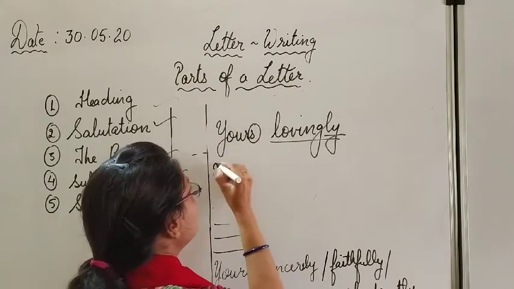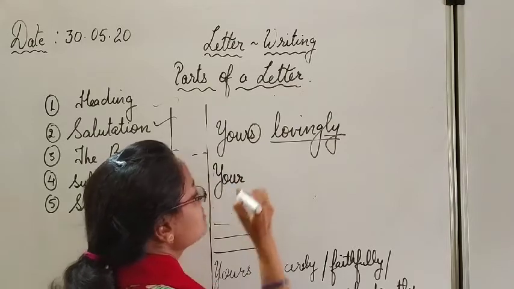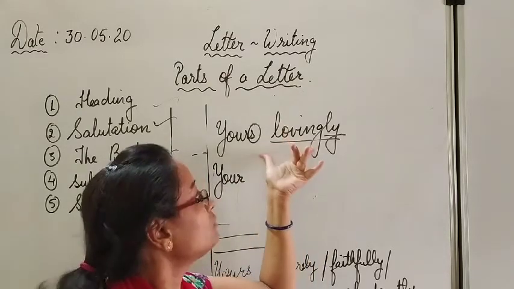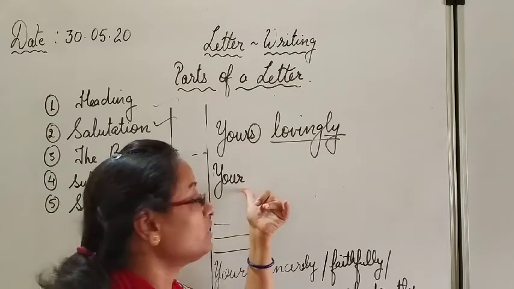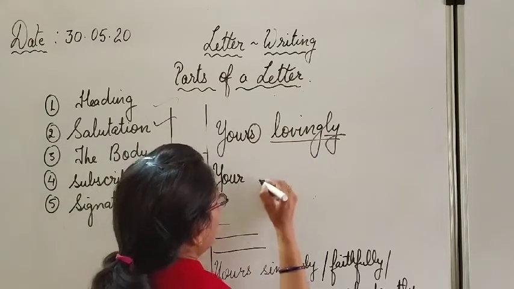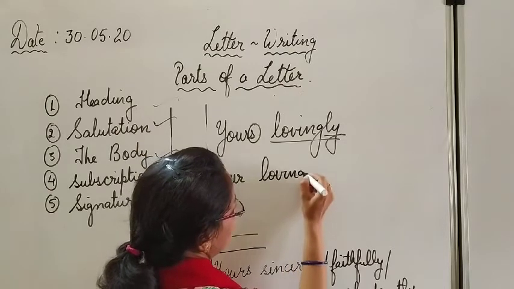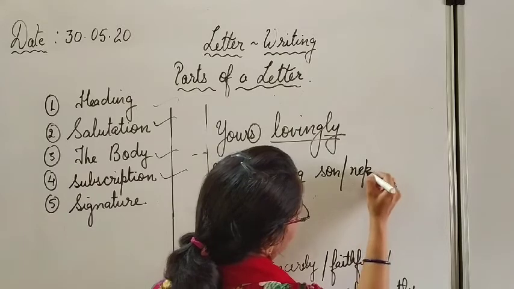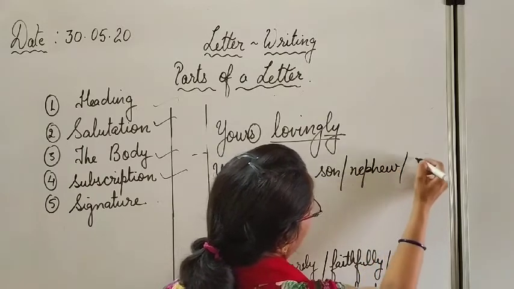Yours lovingly. If you are writing your without S, you will write 3 words. Remember, if you are putting an S here, you have to write only 2 words. If you are not putting S, you can write 3 words: your loving son or nephew or friend.